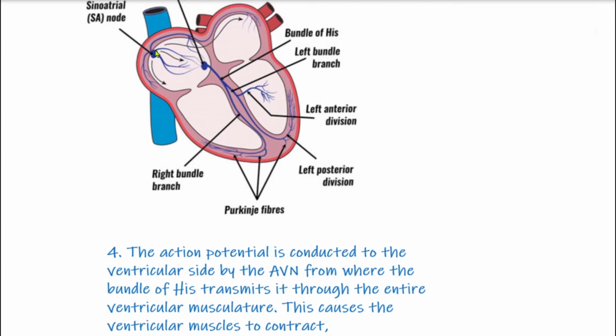As the impulse has passed from the SA node to the AV node, the impulse over the atria has ended, and the atria will now start relaxing. So the atria will come into a phase of atrial diastole, whereas the ventricles will come into a phase of ventricular systole.